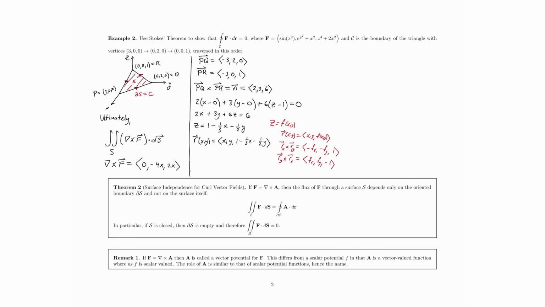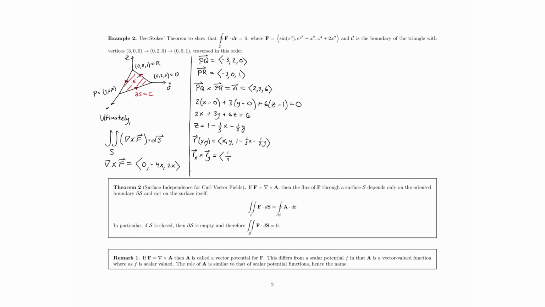Okay. So if we actually go through this, to get this, we would see that rx cross ry would be equal to negative, this would be the x partial of our function f right here. So the x partial is -1/3.